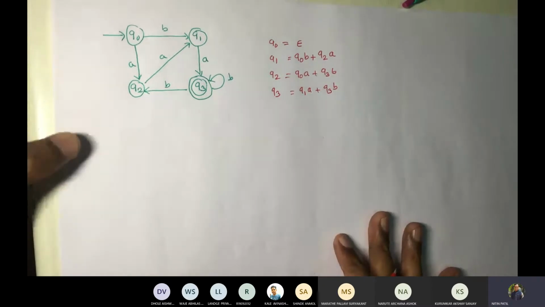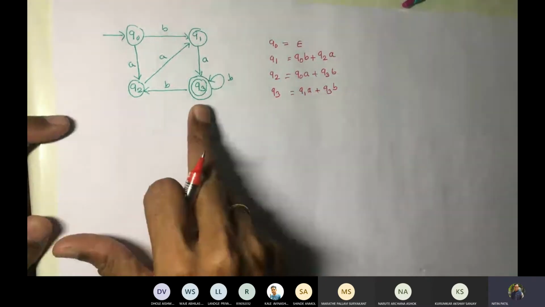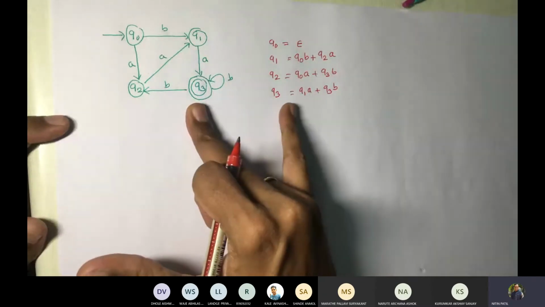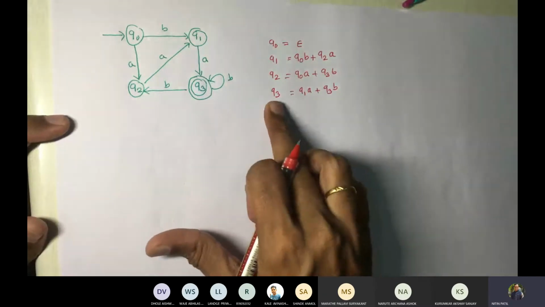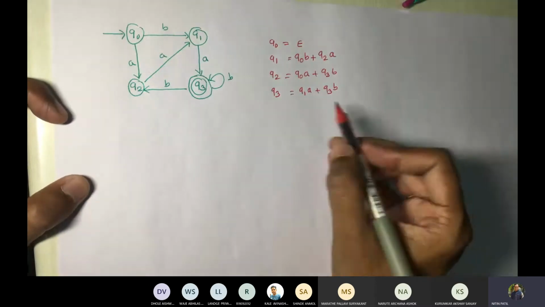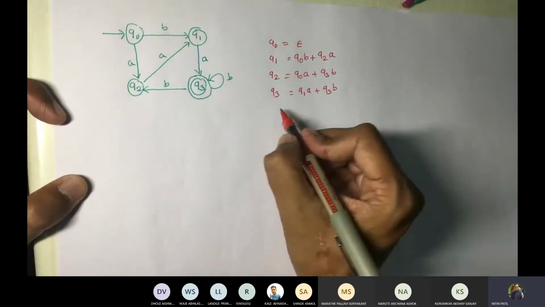Fine. Now to solve these equations, we have to concentrate on which is final. For us, the final is Q3. If I have to solve Q3, I should have Q1 with me. Let us concentrate on this.